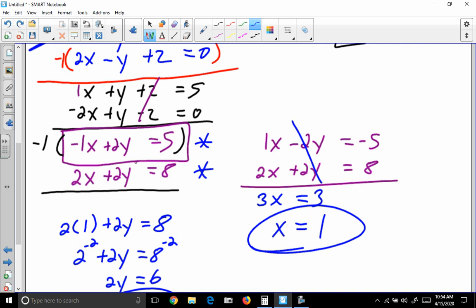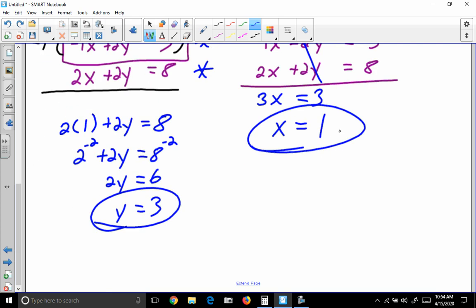Once we got to that part, this was like the previous problem. We remove one of these variables. Doesn't matter which variable. Once we remove a variable, we can solve for the other one. Once we get one of those variables, we back substitute to get the other ones.